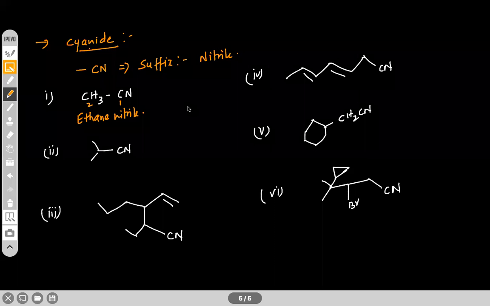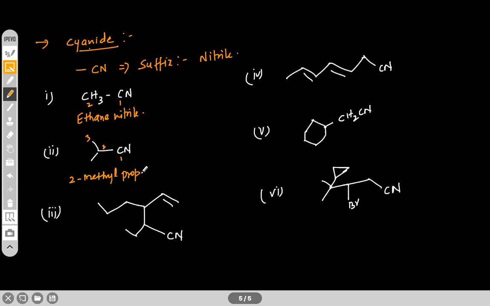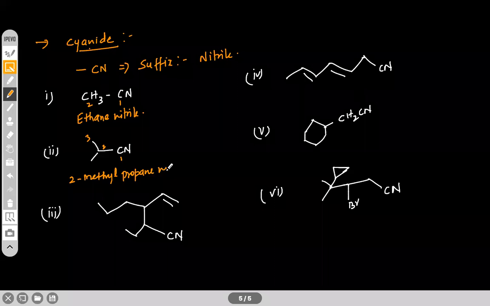Okay, done? All of you? Okay. So this one is 1, 2, and 3, so it is 2-methylpropane nitrile.